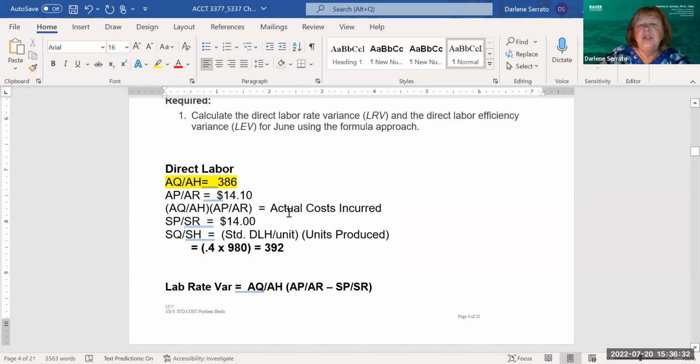So you're going to have to divide this actual cost by the one that they're giving you. This is an AQ or AH. This is an AP or an AR.